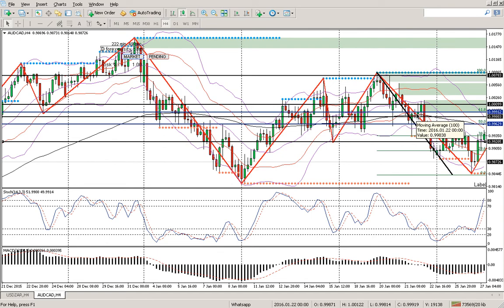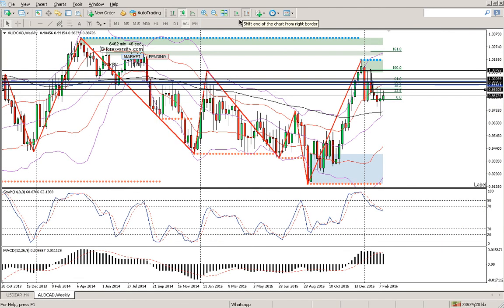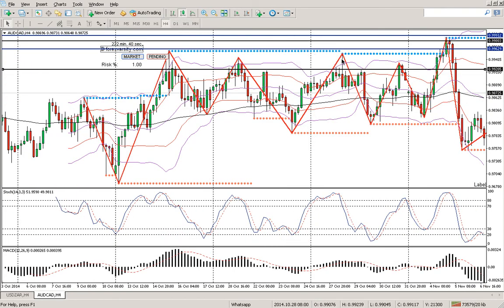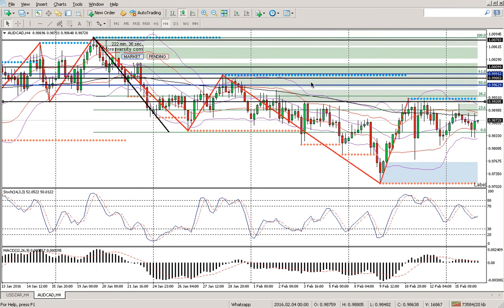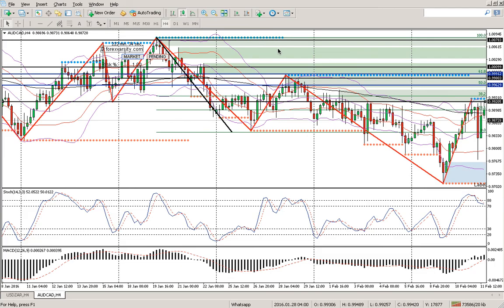You guys can go up to the weekly for support and resistance, but I don't think you should just yet. Rather master doing it on the daily time frame, and then you'll get a keen eye for it afterwards.